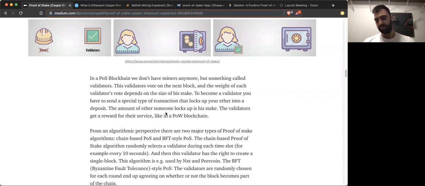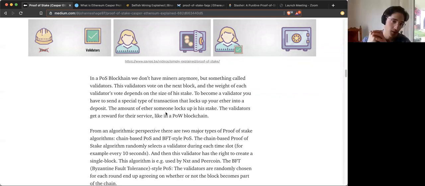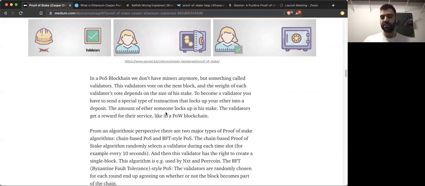So you lock that amount of ether, and that ether now is locked for some period of time. Every time you lock up this fixed amount of ether, that gives you one chance out of all possible validators of being able to validate the next block. Okay, sure. So probabilistically, you gain money proportional to the amount of ether you've locked up, basically.